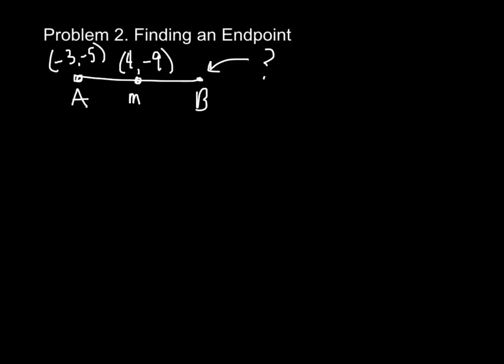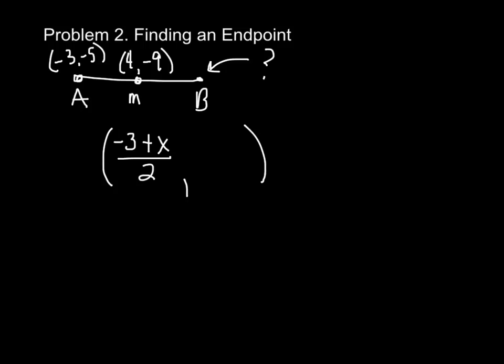So in order to find the coordinates of endpoint B, we're going to use our formula. We know that our midpoint formula states that I take my x values, add them together, and divide by 2. So I know I have to take -3 plus my missing x value divided by 2.